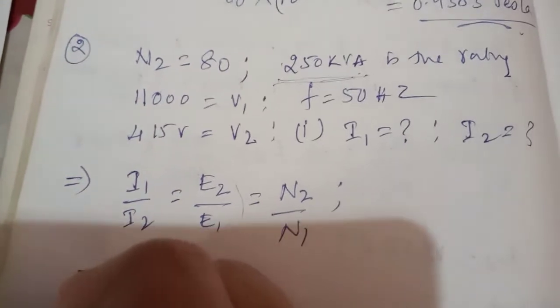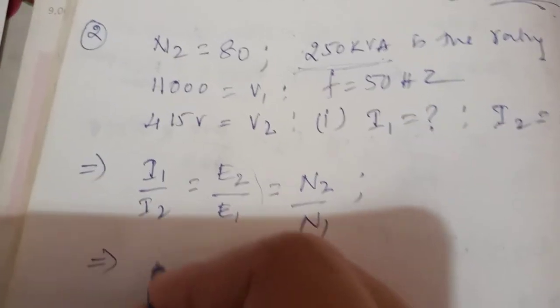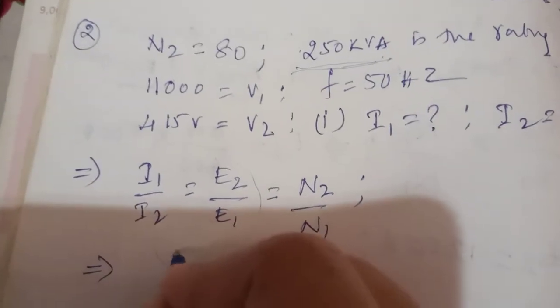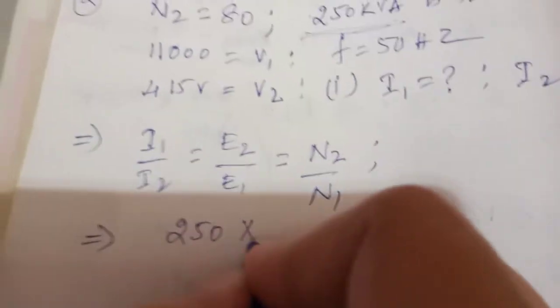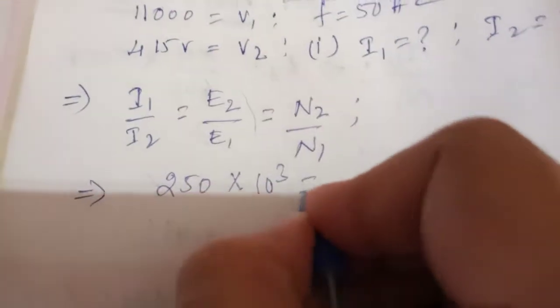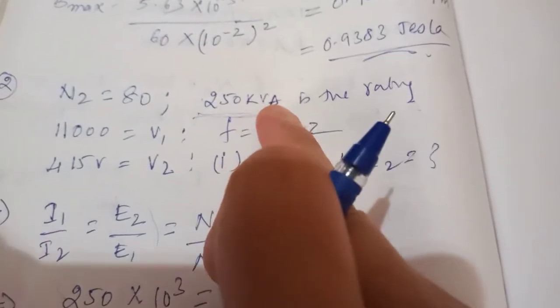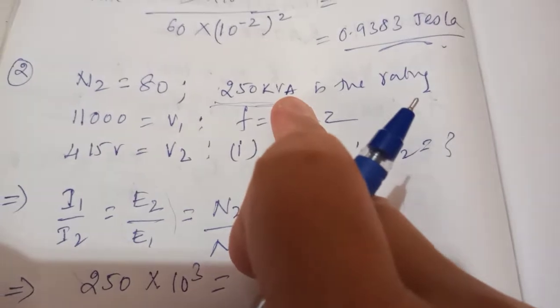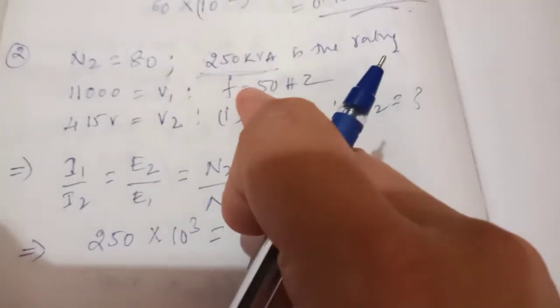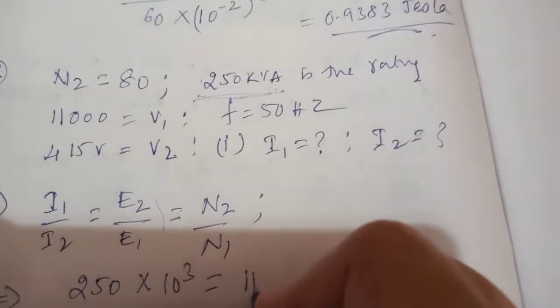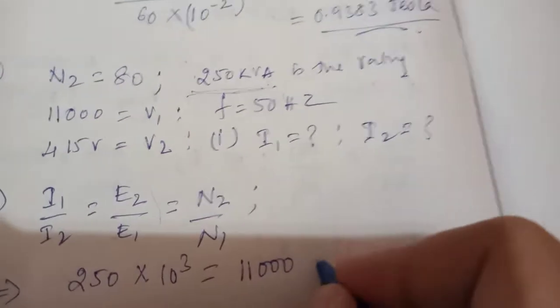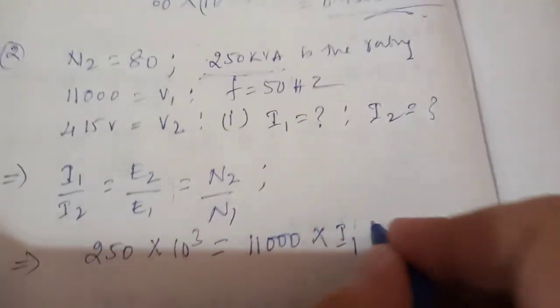So what is the rating of the transformer? 250 kVA. 250 into 10 to the power of 3 must be equal to, what is kVA? kVA is called the apparent power. Apparent power must be equal to the product of voltage and current in a single phase system. Primary voltage is 11,000 and primary current is I1.